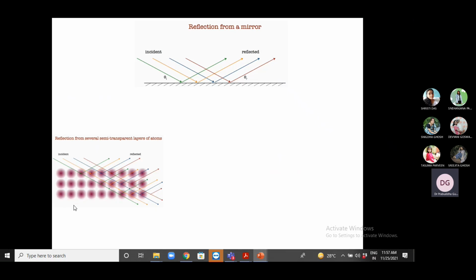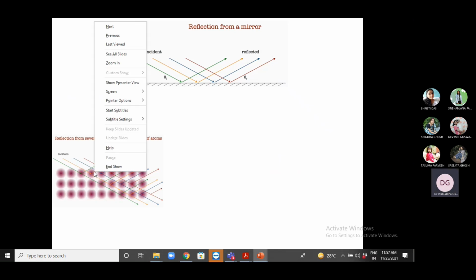How many layers? Millions of layers. And we are putting an X-ray beam on it, and as the X-ray beam is passing through the crystal, in each layer it will encounter a set of atoms, and in those atoms there will be electrons.